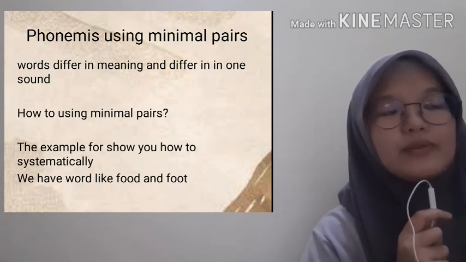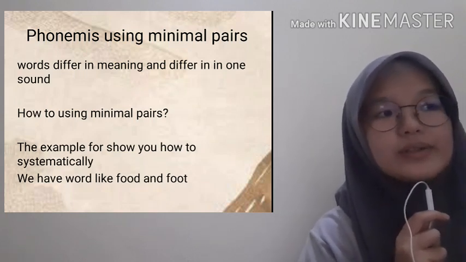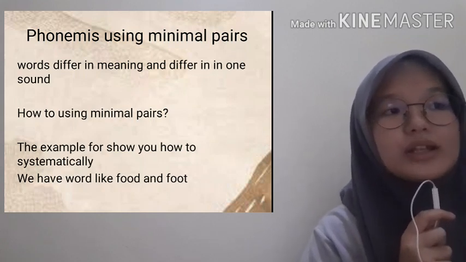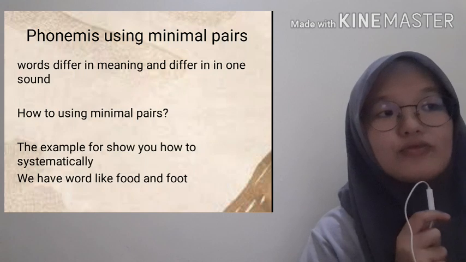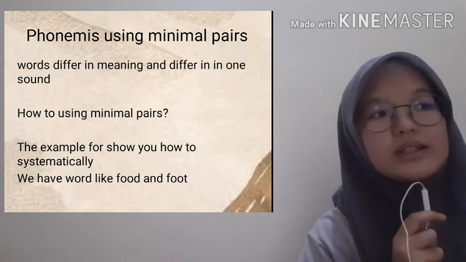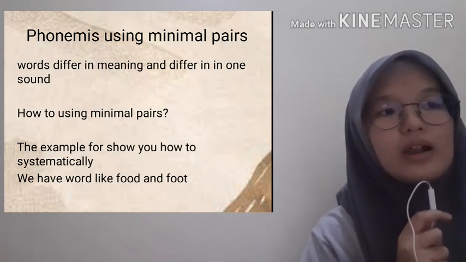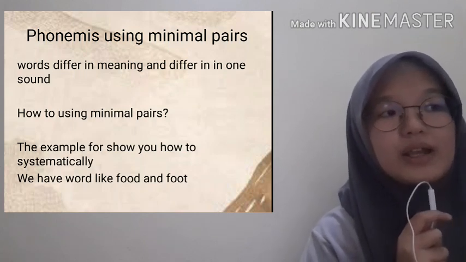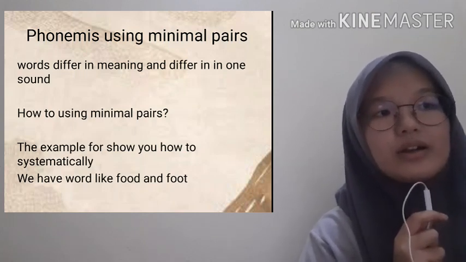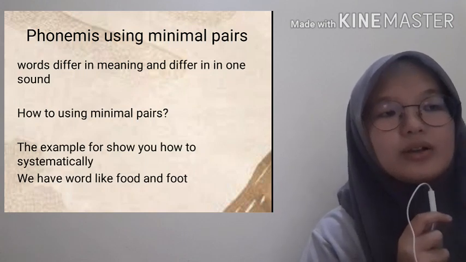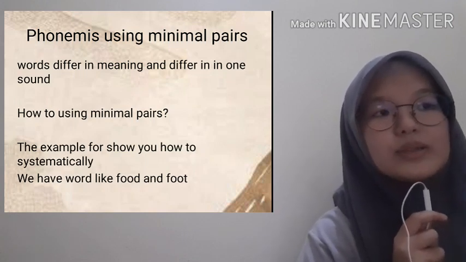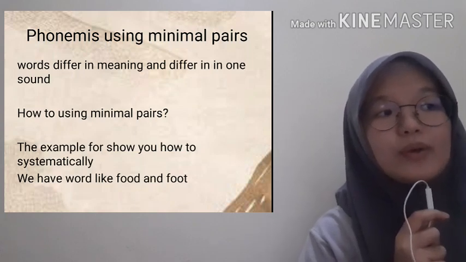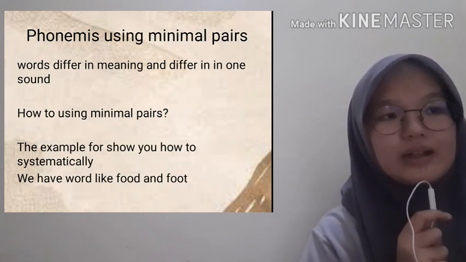Even though they differ in one sound, the meanings are different, so the meaning of food is not the same as the meaning of foot, and this means that the words food and foot are minimal pairs, and because they are minimal pairs, that means that these are different phonemes. The point is when you hear words that are similar but differ in one phoneme and have different meanings, they are minimal pairs.